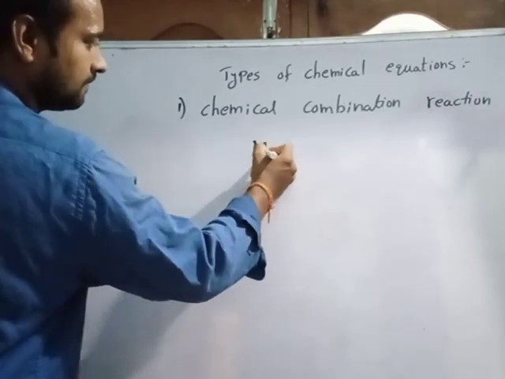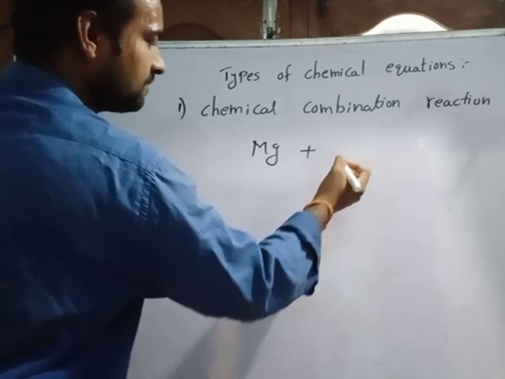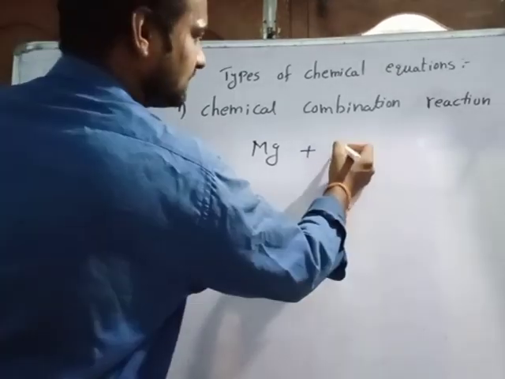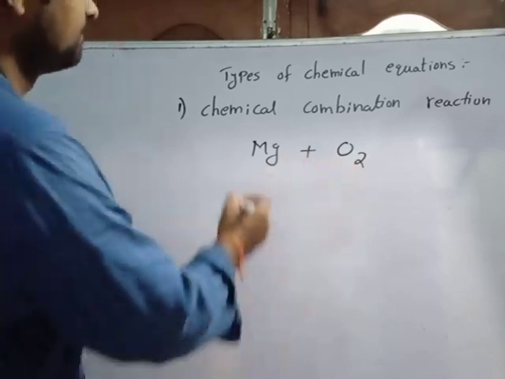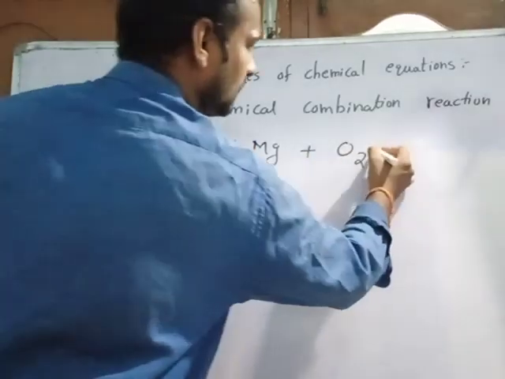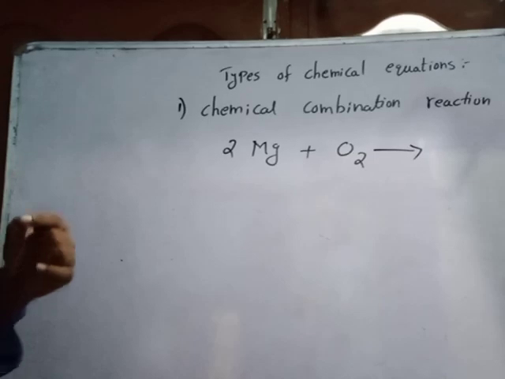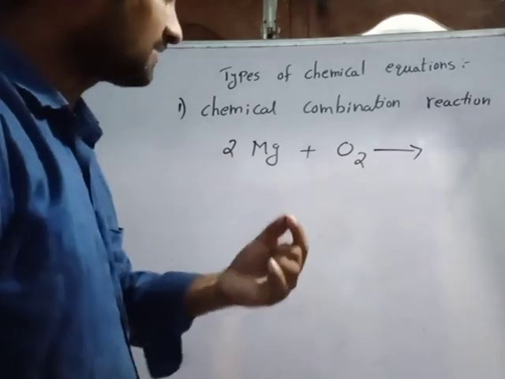Okay. For example, take magnesium. Magnesium is bonding with oxygen gas to give white powder. That white powder is called simply magnesium oxide.